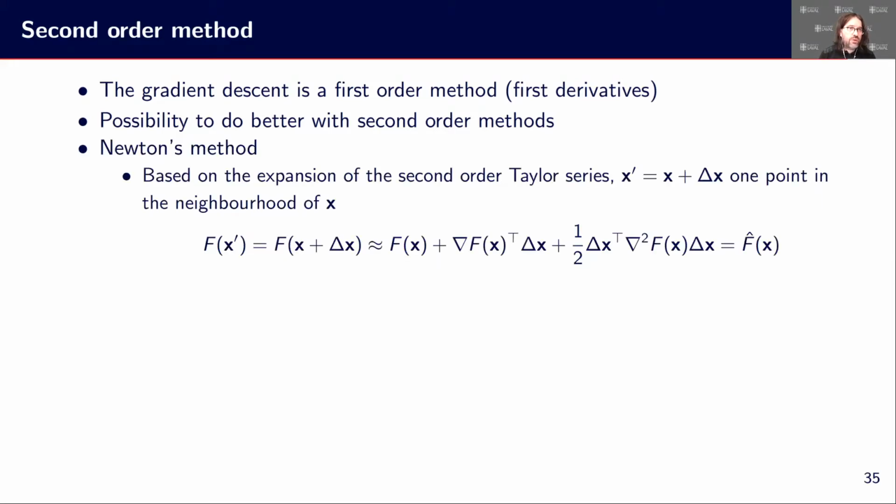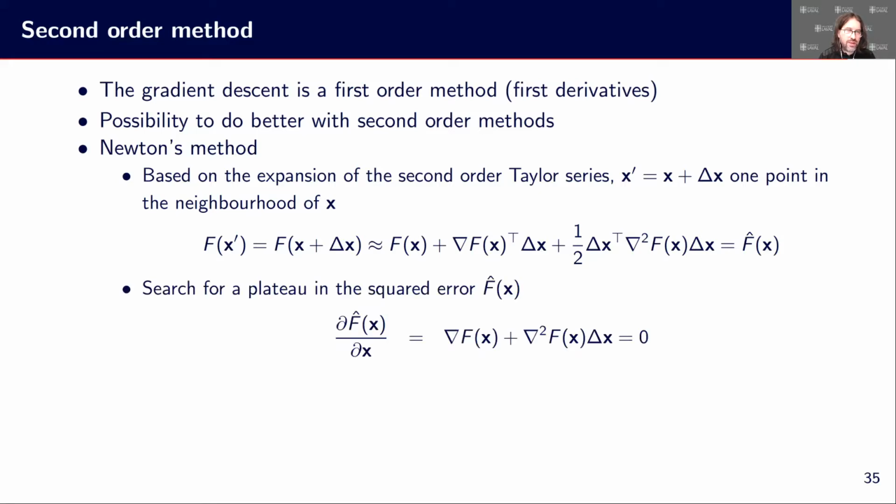For example, we can use Newton's method, which is based on the second order Taylor series expansion. So locally, we are making a local model of the function with the Taylor series, and using this as a way to approximate the function and search for the optimum. So we will basically look for the partial derivative equal to 0 using the first and second order gradient, and we get this kind of function.